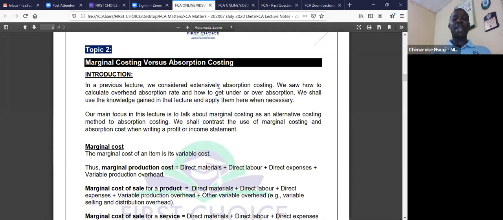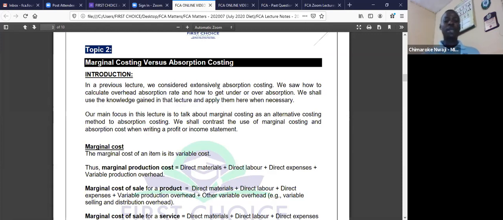So the marginal cost of an item is the variable cost of an item. We said before that full cost is the sum of variable cost and fixed cost. And so absorption costing takes full cost. Marginal cost, you are denied the fixed cost. So marginal cost is the same thing as variable cost.